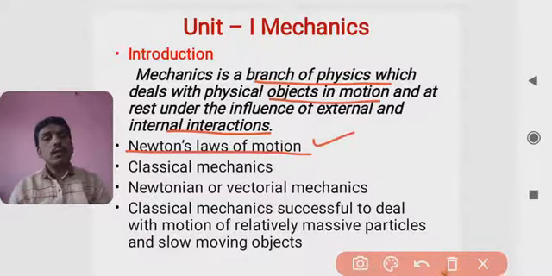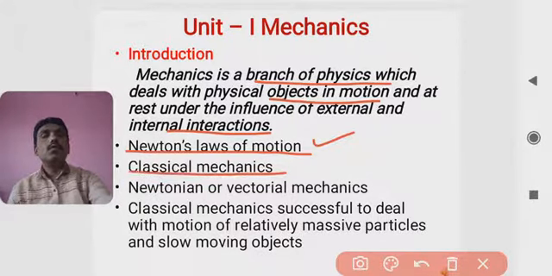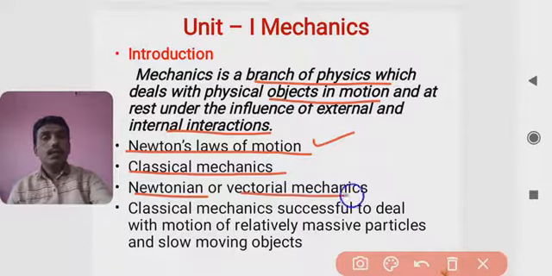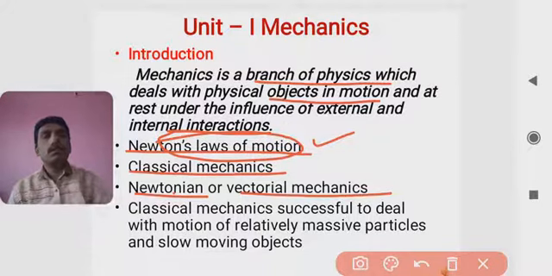And somehow, because this classical mechanics is totally based on Newton's laws of mechanics, it is also called Newtonian mechanics or vectorial mechanics. For Newtonian mechanics, we are aware that it is totally based on Newton's laws of motion. But why is it called vectorial mechanics?